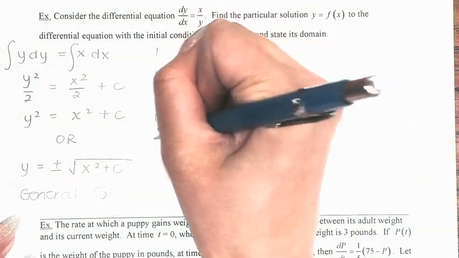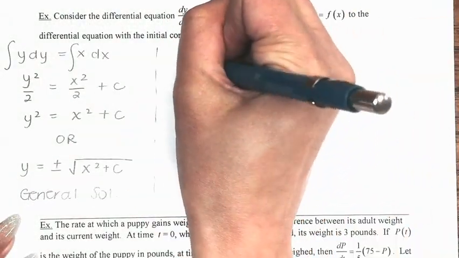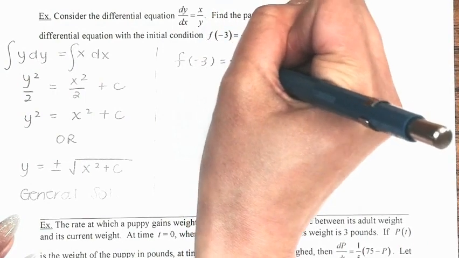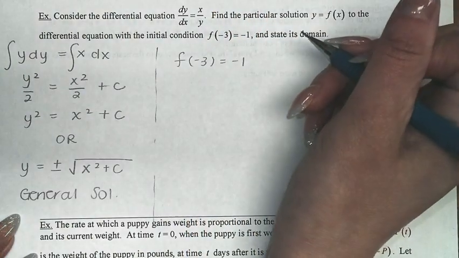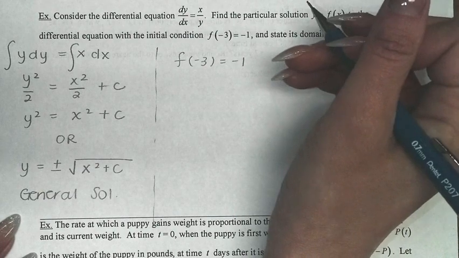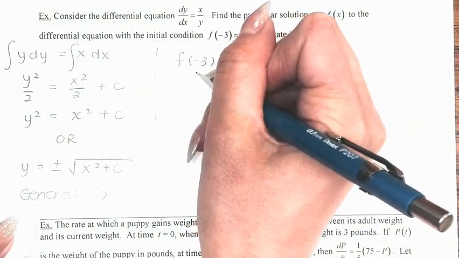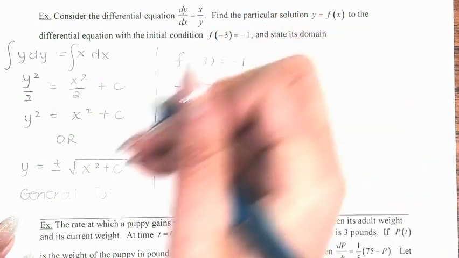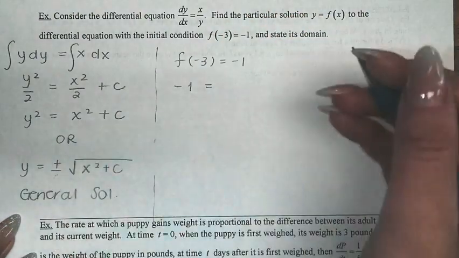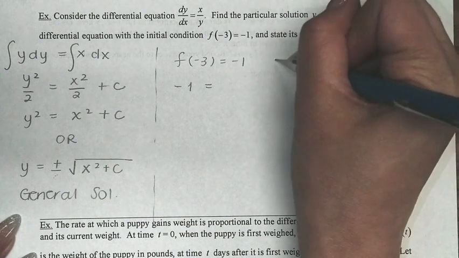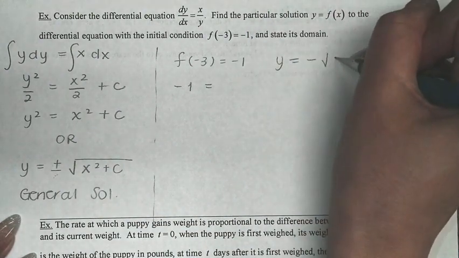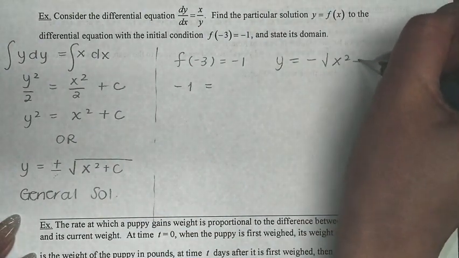Now, since we have that f of -3 is equal to -1, when you plug in the y, which is -1, do you agree that that's negative? Therefore, this must be the negative, okay? So you need to take from that one y equals negative root x squared plus c, okay?